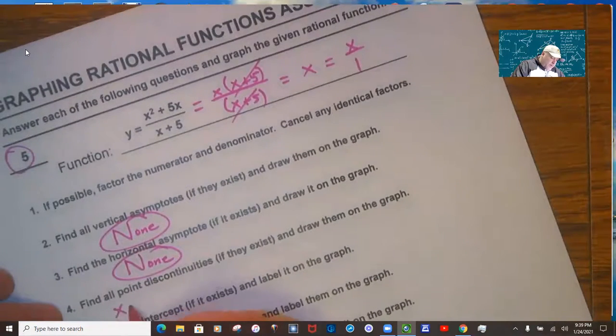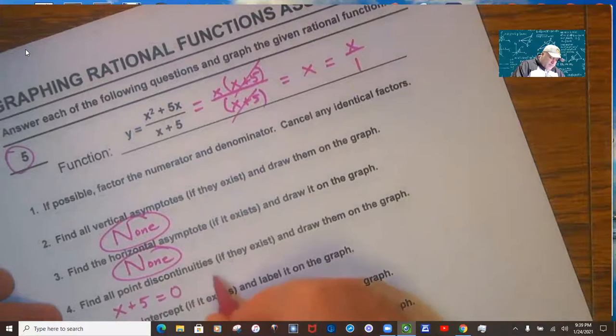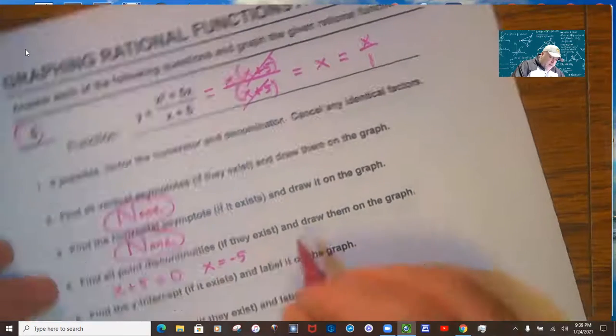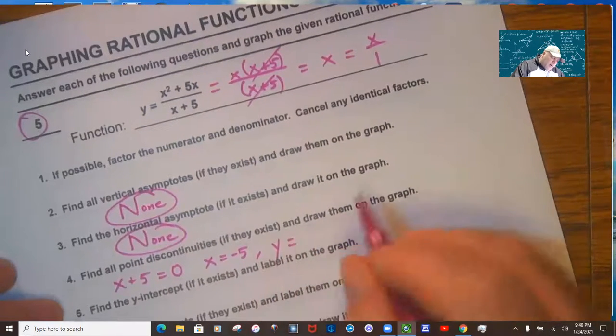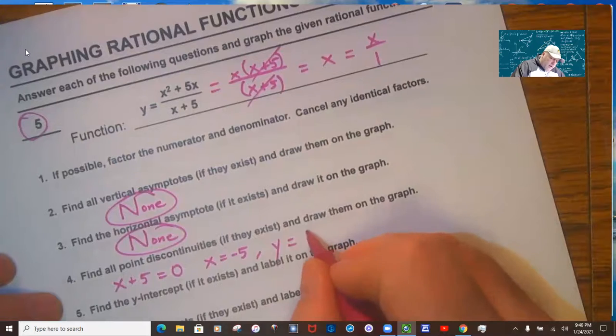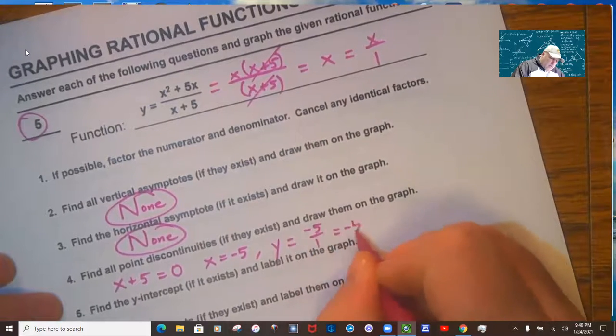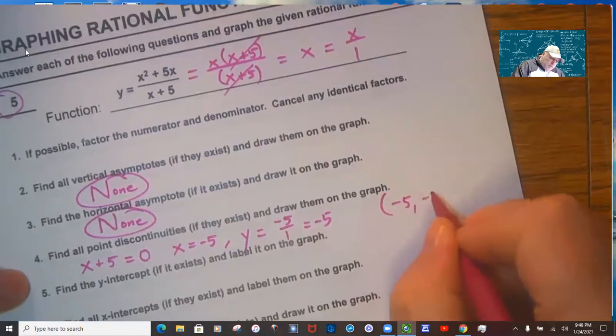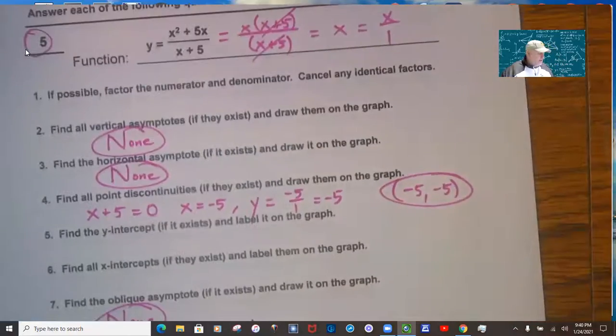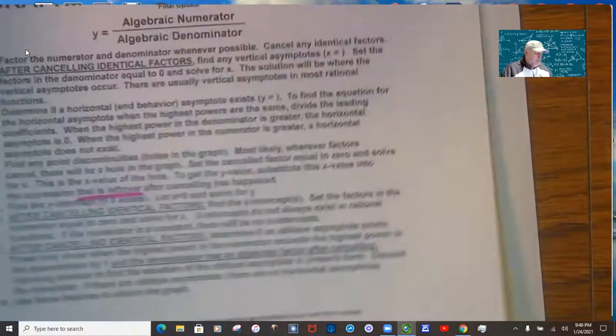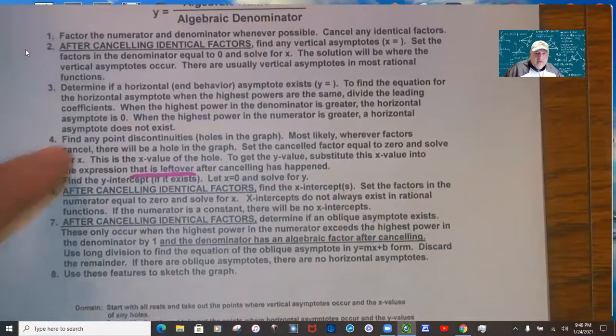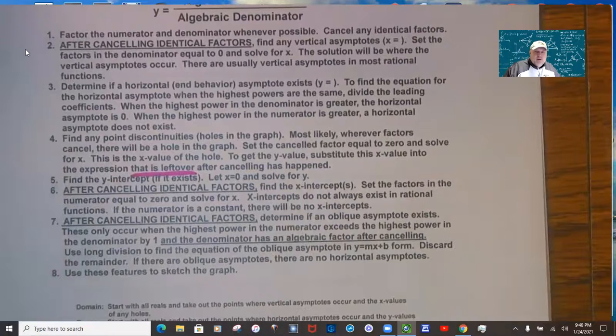There is a point discontinuity. So you have to follow these directions to a T. If you don't, so like a number 4, you want the ditty on point discontinuities, read it.